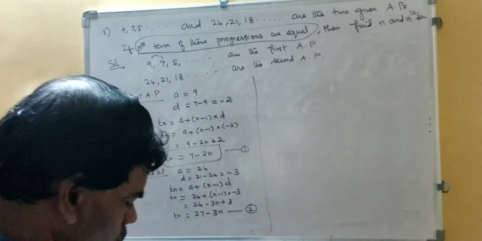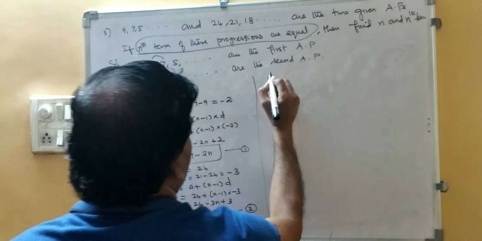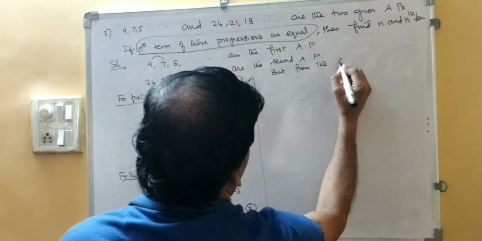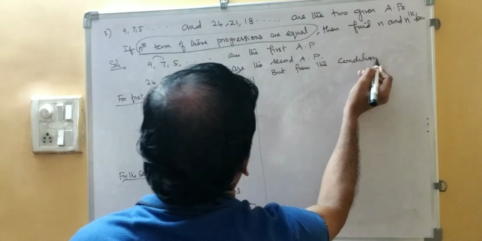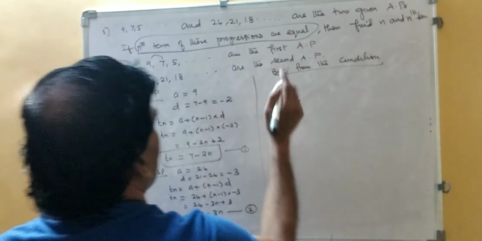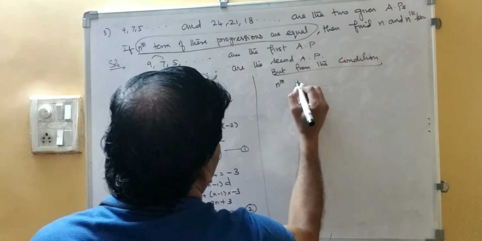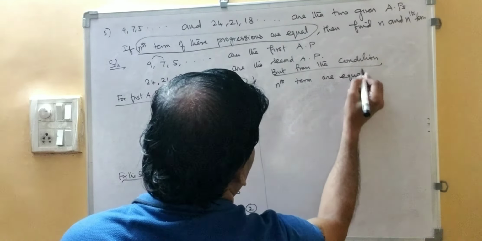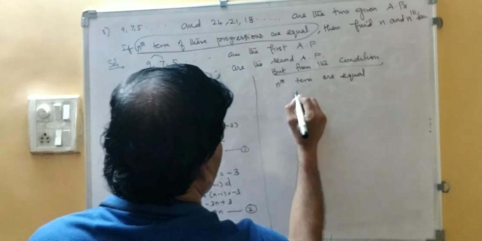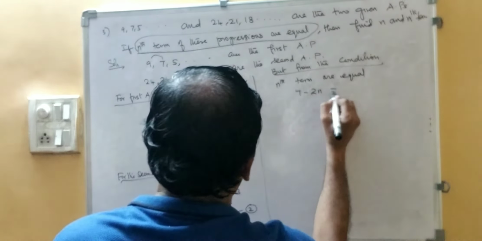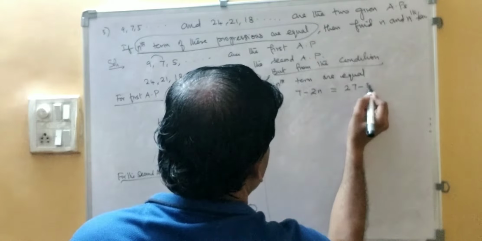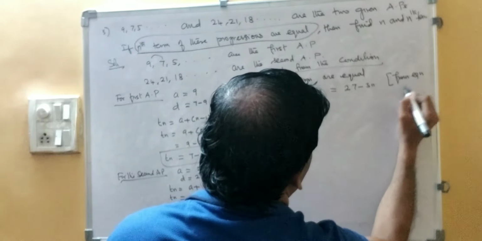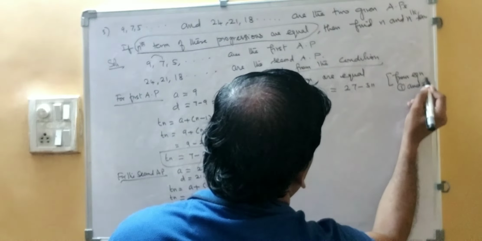Followed or not? So you have got 2. But from the condition, what does the condition say? Nth terms are equal. That means 11 minus 2n equal to 27 minus 3n, from equation 1 and 2.